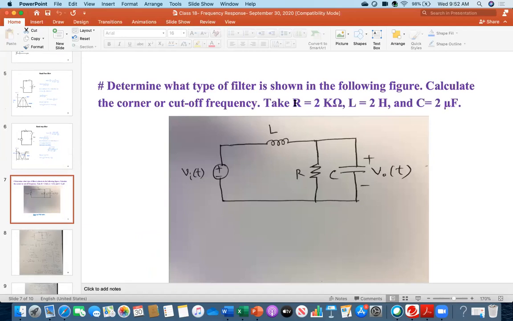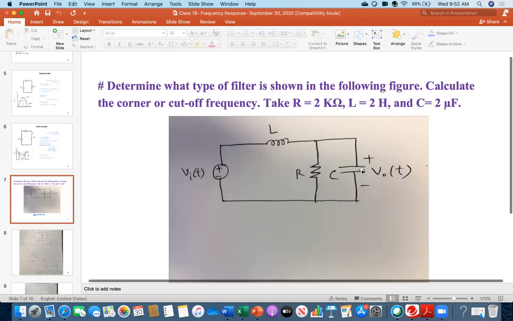That is the question: determine what type of filter is shown in the following figure, and then calculate its corner frequency given the values. So what do you have to do for this circuit? You have to find the transfer function. The very first task is to find the voltage across the capacitor.